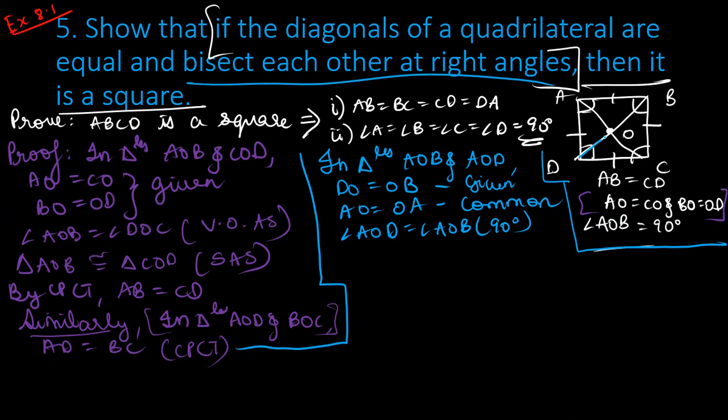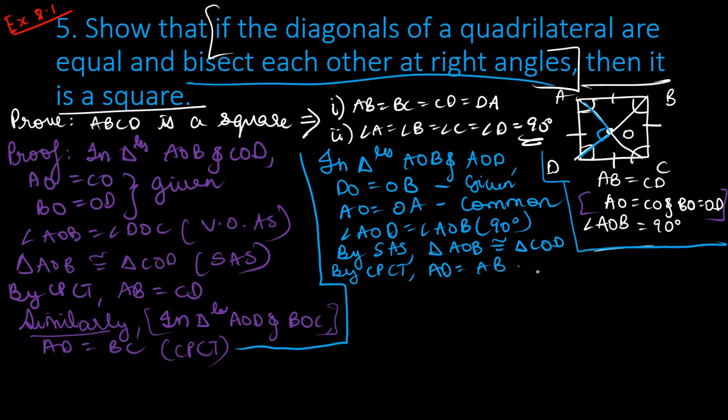I have used SAS, right? So by SAS congruence rule, triangle AOB is congruent to triangle AOD, and by CPCT, I can say that AD is equal to AB.